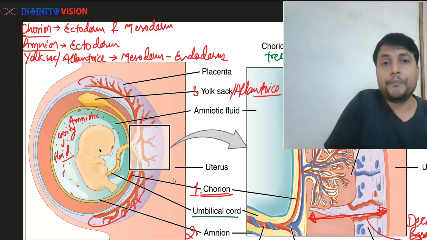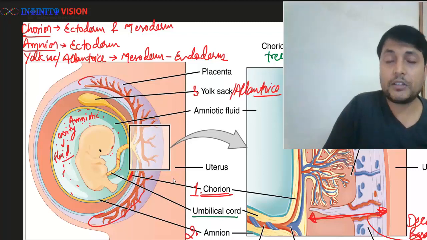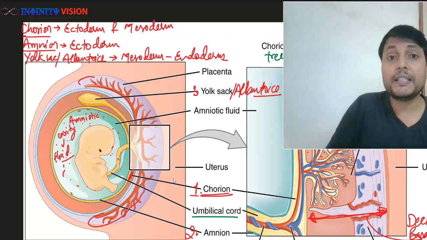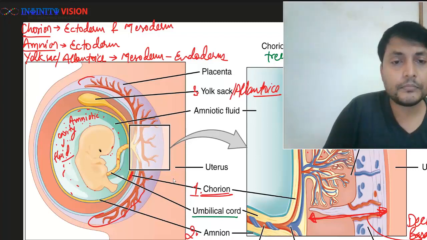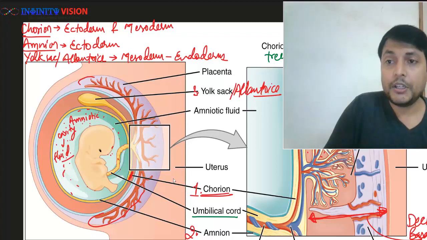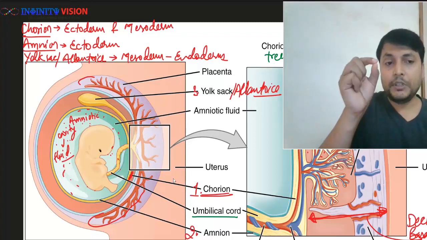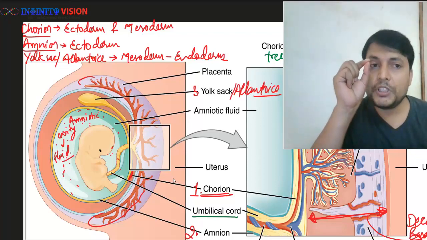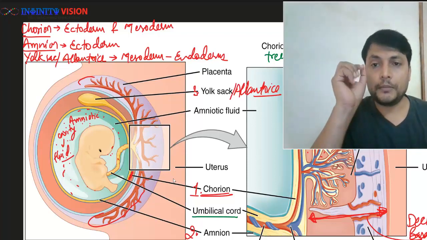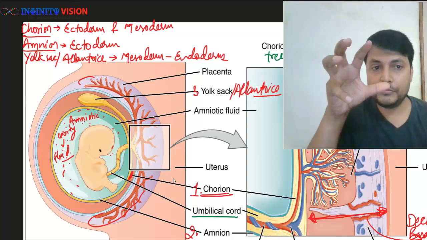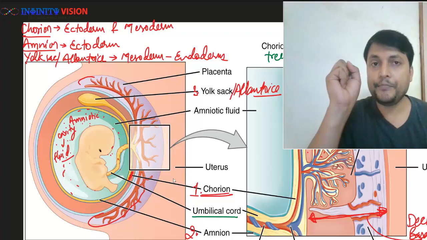Using this amniotic fluid, we can do a particular test called amniocentesis. What is it? Amniocentesis is a procedure in which we carefully take a small sample of this amniotic fluid from the developing embryo or from this amniotic cavity.